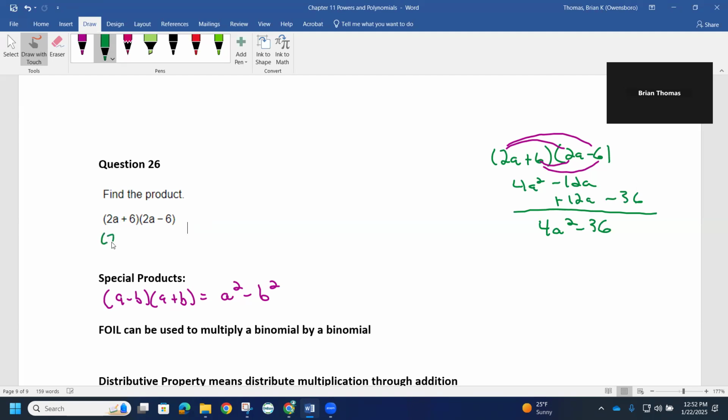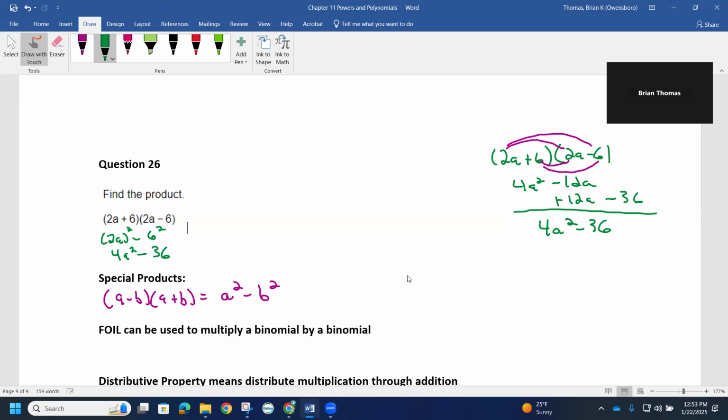Our first move is to square the 2a, and then we're going to subtract the square of b. Notice that b is in the last two positions. It's the same value. So we have a 6 in both of those positions. So then we would have a 6 squared. So 2a times 2a is going to be 4a squared, minus 6 squared is going to be 36. So it works out rather quickly.